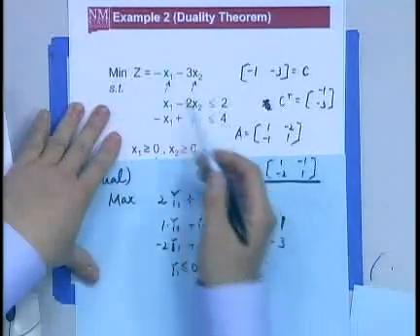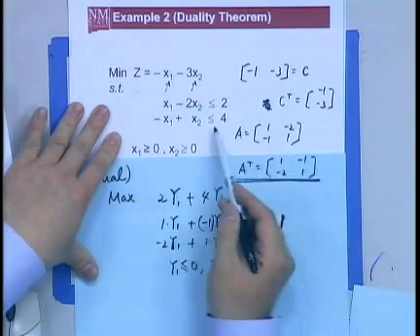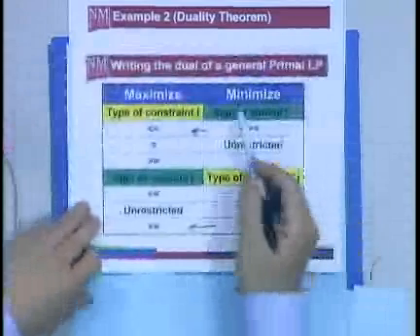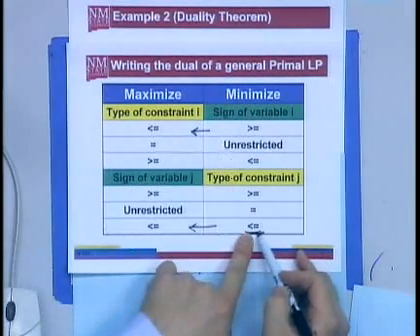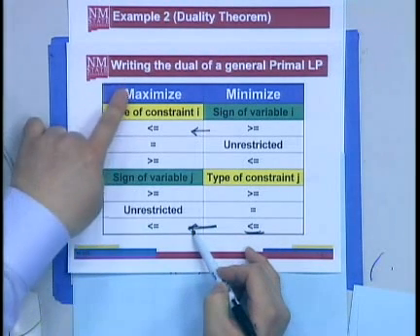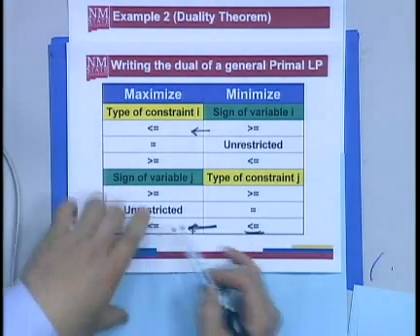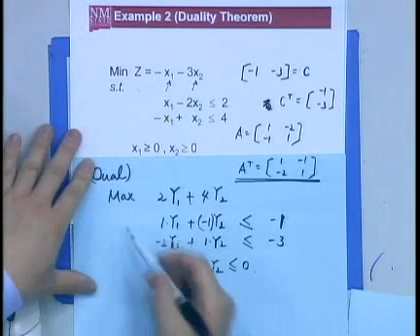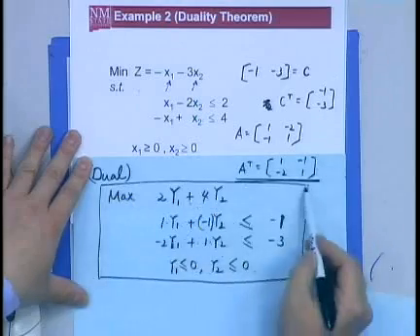Likewise, in the minimization problem, the second constraint is less than or equal, right? Which implies that in the maximization problem, the corresponding variable, the second variable, must be less than or equal to 0. So y2 is less than or equal to 0. So this is the dual problem. Okay?